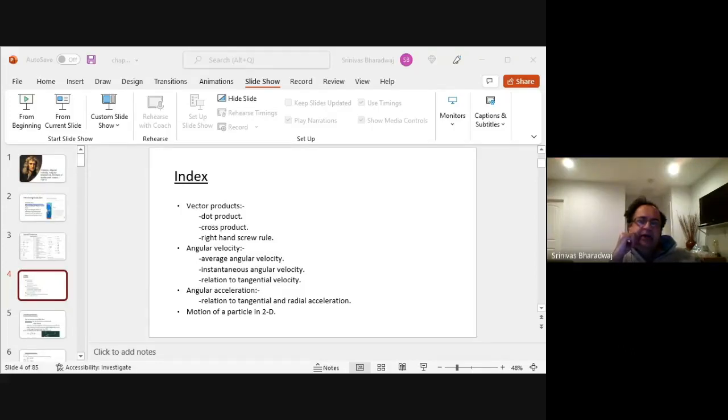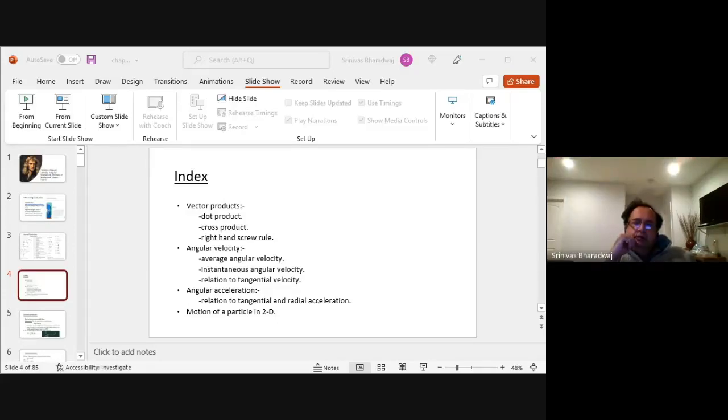Therefore a_t is dv by dt, where v is the speed. Faster and faster, the rate of change of the magnitude of the tangential velocity gives you a_t.